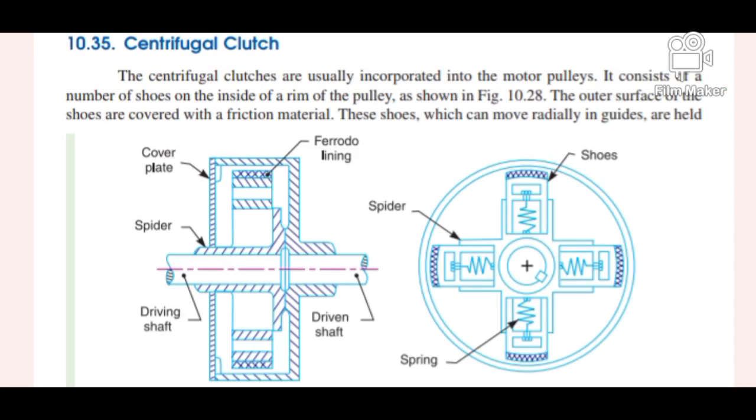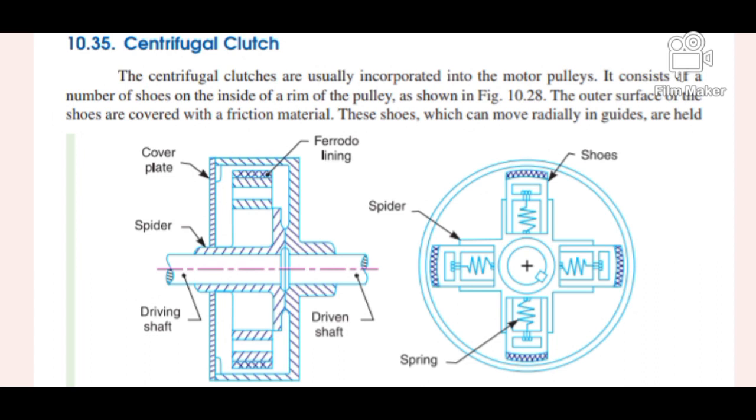The figure shows the centrifugal clutch. Normally, centrifugal clutches are usually incorporated into the motor pulleys. It consists of a number of shoes on the inside of the rim of the pulley as shown in the figure. The outer surfaces of the shoes are covered with a friction material. These shoes, which can move radially in guides, are held against the spider on the driving shaft by means of springs.